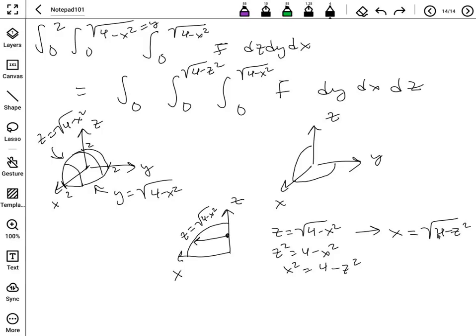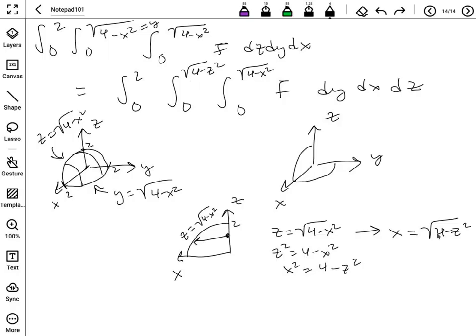And then dz, my final bounds, I could look at my picture. Like before, I said it goes up to height 2, so z is between 0 and 2. The furthest up my shape goes is 2. Or if I didn't have that visualization in my head, I could set my prior bounds equal and see what happens.